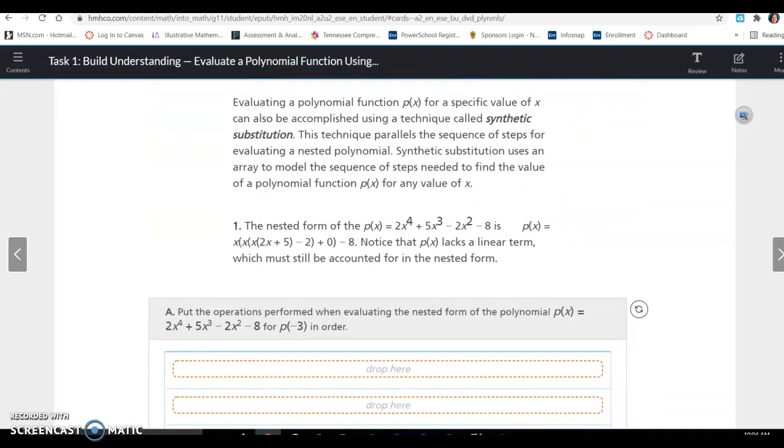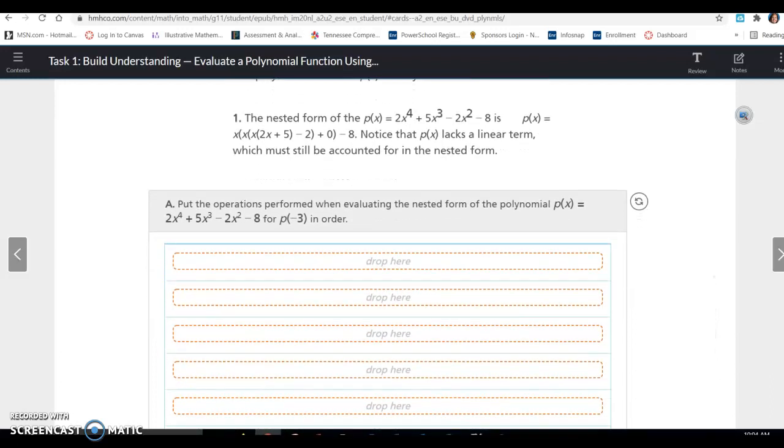Evaluating a polynomial function p of x for a specific value of x can also be accomplished by using a technique called synthetic substitution. This technique parallels the sequence of steps for evaluating a nested polynomial. Synthetic substitution uses an array to model the sequence of steps needed to find the value of a polynomial function p of x for any value of x.